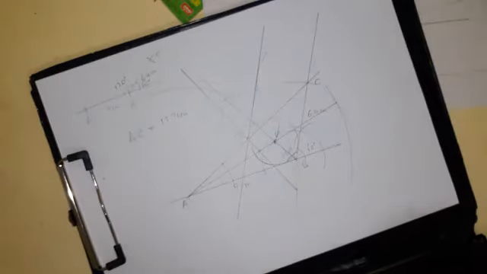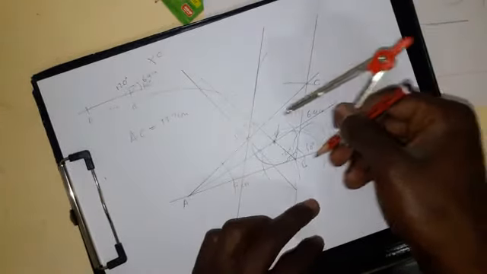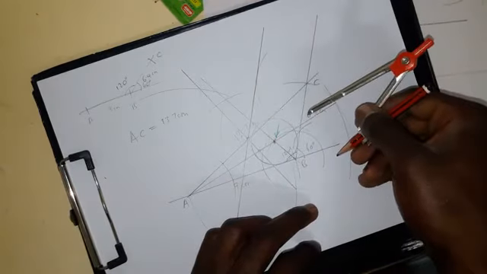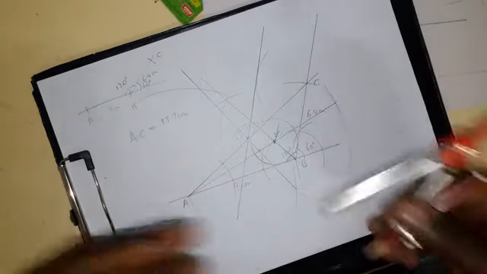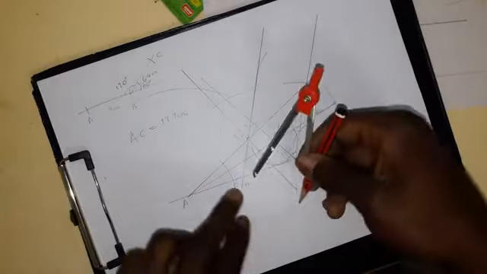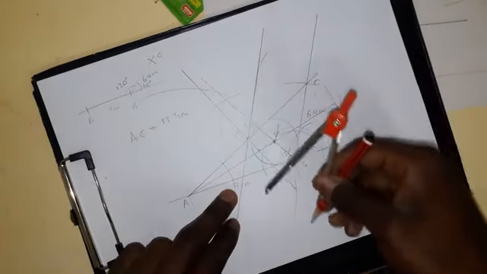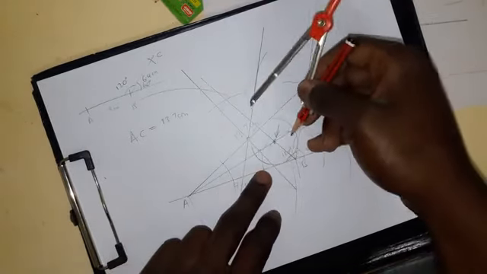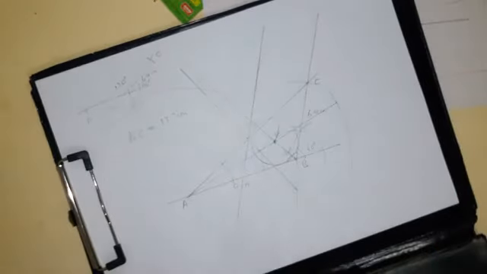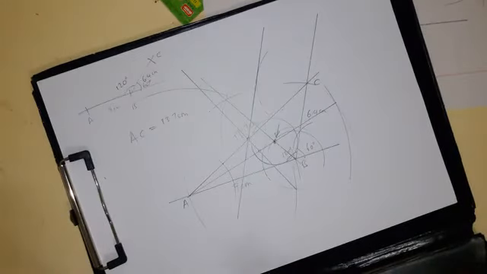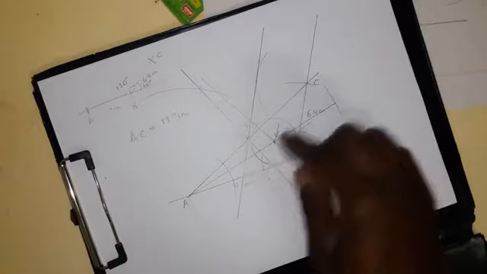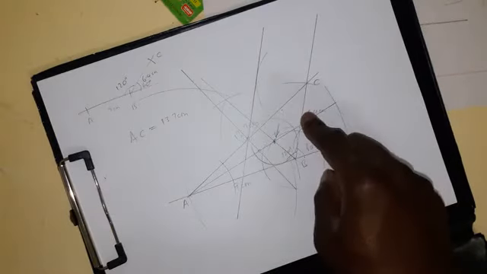So how will we work about that? Notice we have already picked the length 4.2 centimeters from line BC. We'll also pick another length of 4.2 centimeters from AB, such that where these two lines meet, it shall be the locus of points that is fixed or equidistant between these two lines.